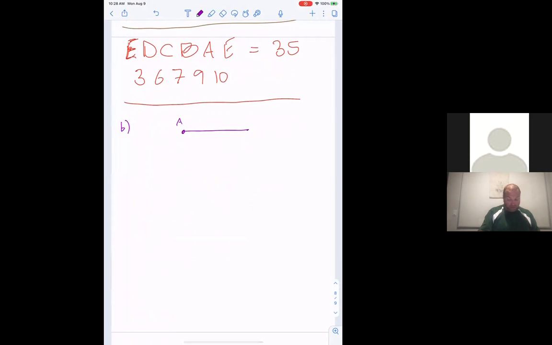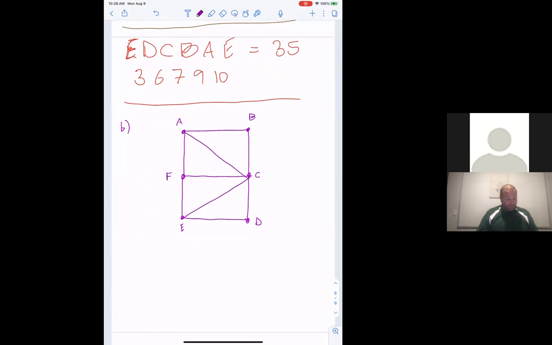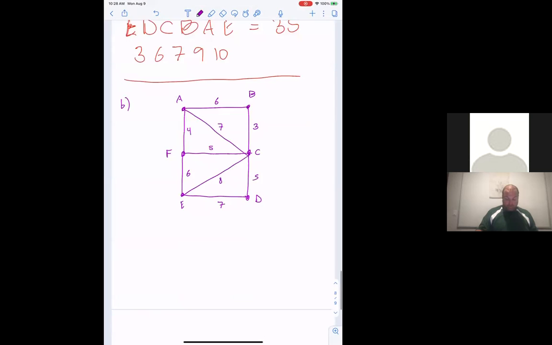So here's A, here's B, here's C, here's D, here's E, here's F, back to A to C, F to C, E to C, and we got weight 6, 3, 7, 4, 5, 6, 8, 5, 7.